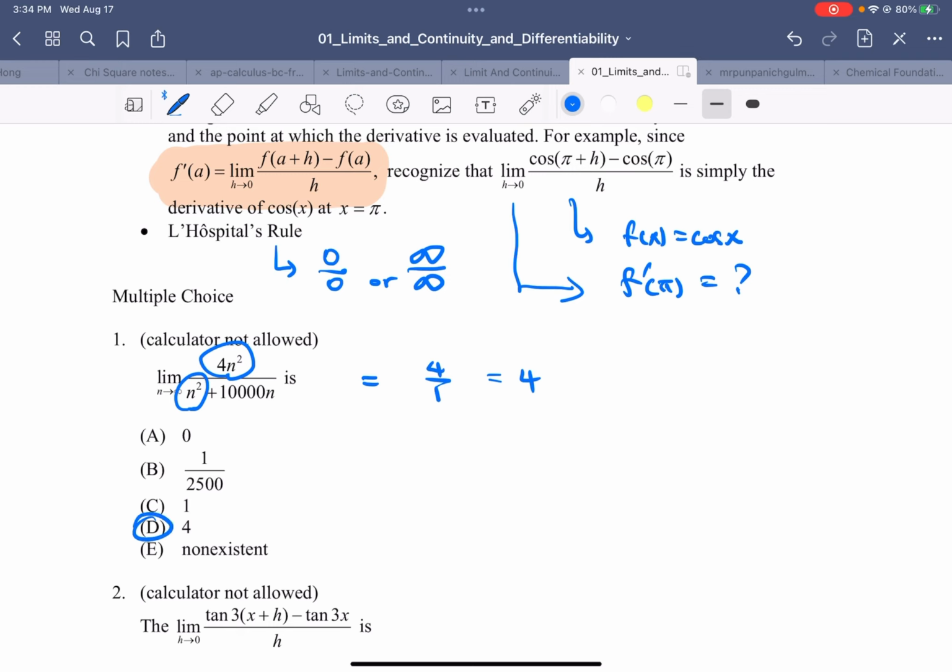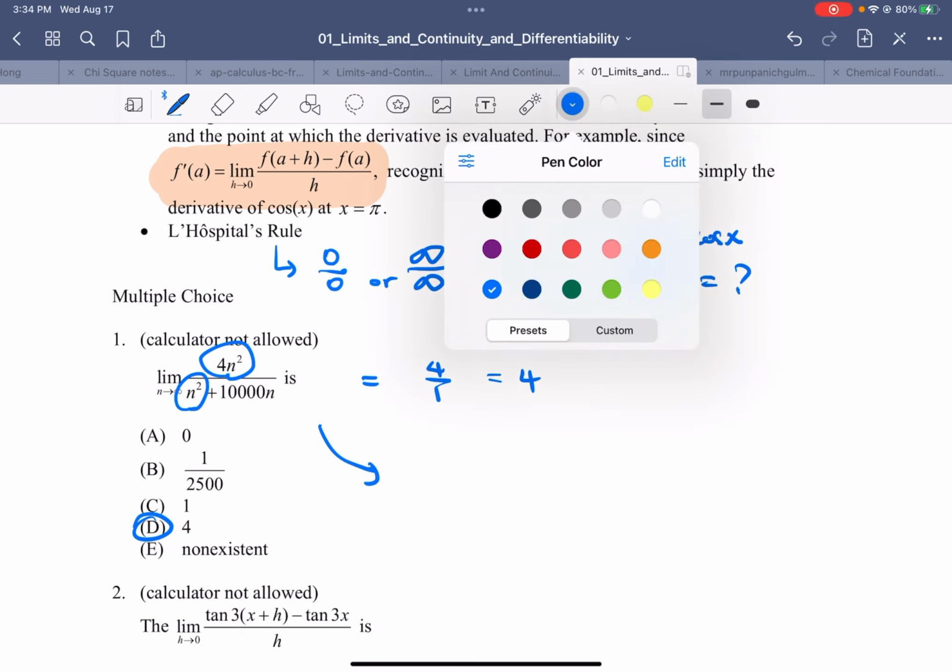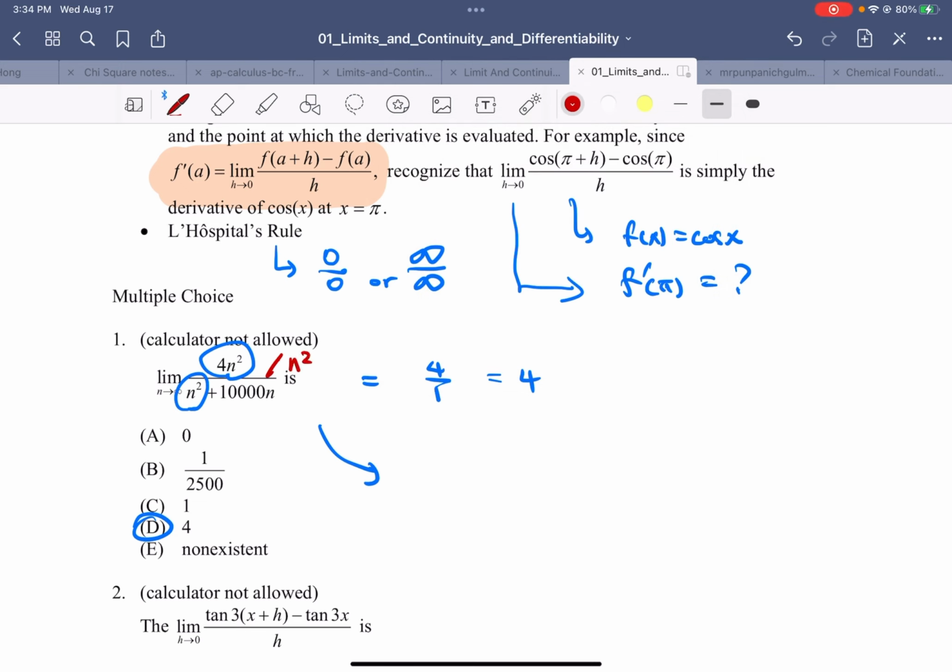But if you need to show your work, then what you need to do is divide by n squared top and bottom. Then limit as n goes to infinity, it'll be 4 on the top when you divide by n squared. The bottom one is 1 plus 10,000 over n. Okay, so you got this, and this one goes to 0 since n goes to infinity. So you end up with a 4. So you can show your work.